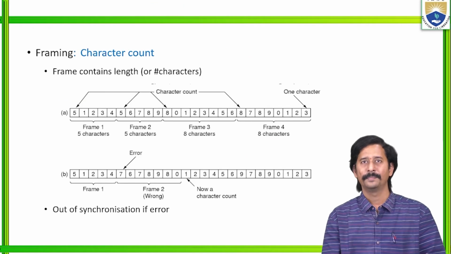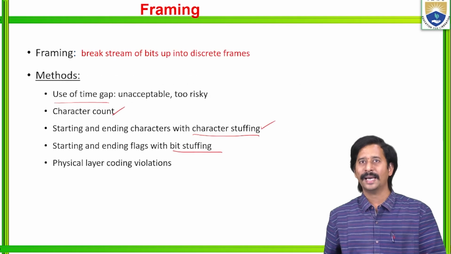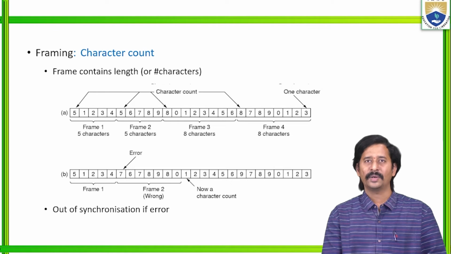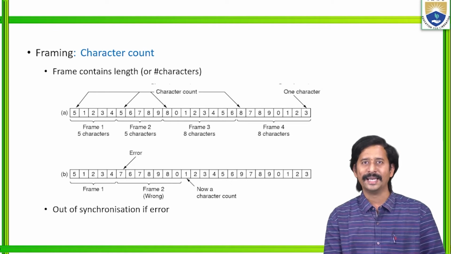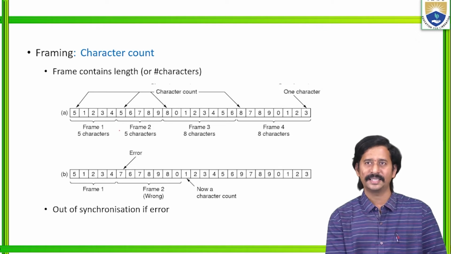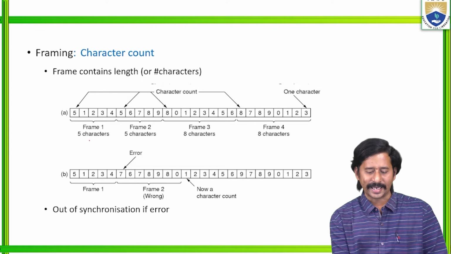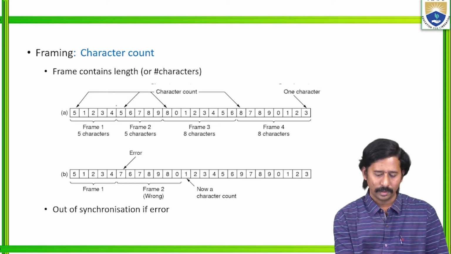See the first one, character count. In framing, the frame contains the length, or we can call it the count of characters. Let us take this example. Frame 1 consists of 5 characters: 5, 1, 2, 3, 4.